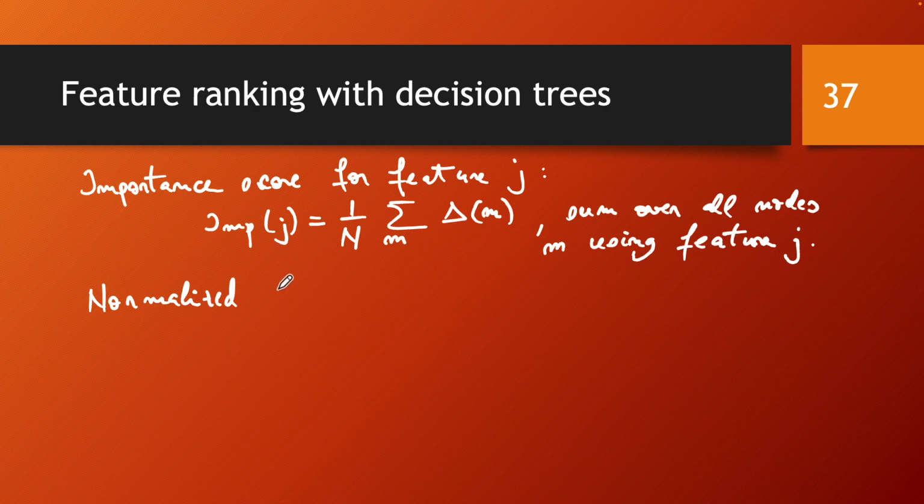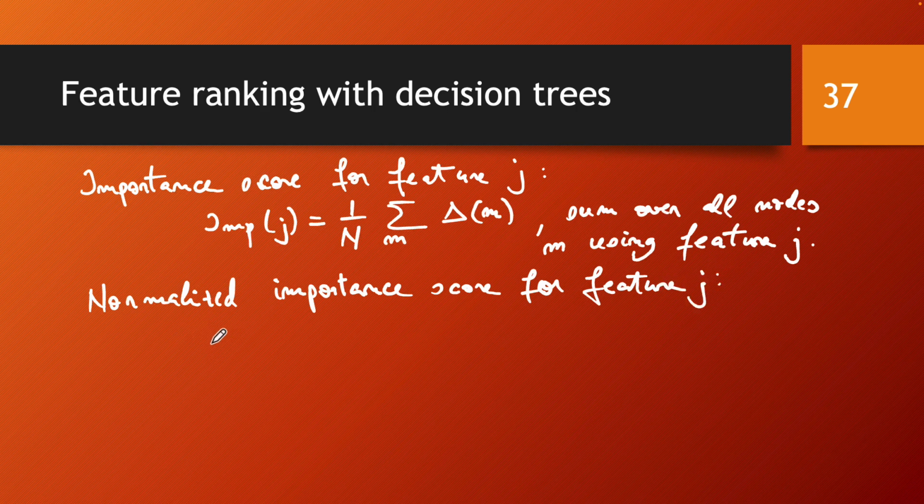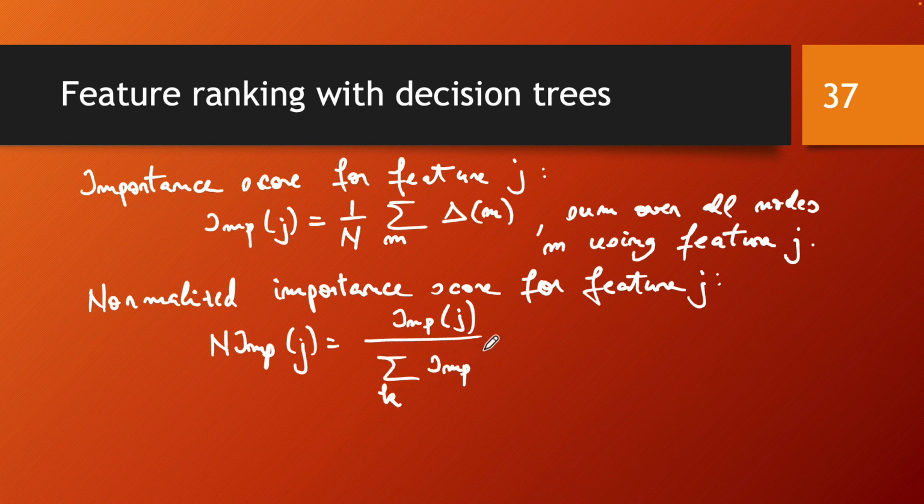So the normalized importance score for feature J is just defined like this: normalized importance of J is the importance of feature J divided by the sum over all the features of the importances of each feature.